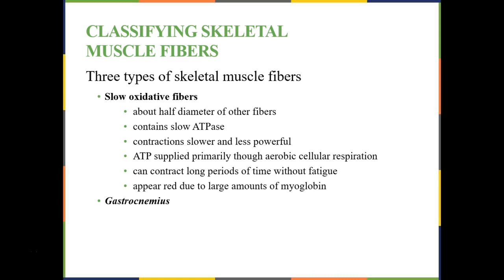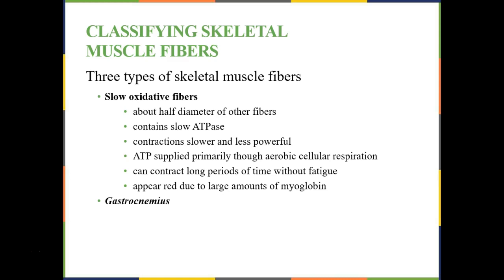So the dark meat is the meat that has the mitochondria for aerobic respiration. It has a dark red appearance because of all of the myoglobin with the oxygen.